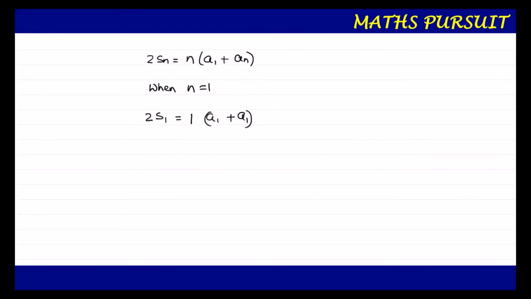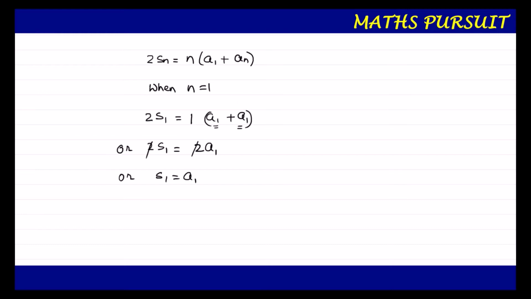So 2S1 is equal to 2A1, since A1 plus A1 becomes 2A1. The 2 and the 2 cancel out, so I can say S1 is equal to A1.